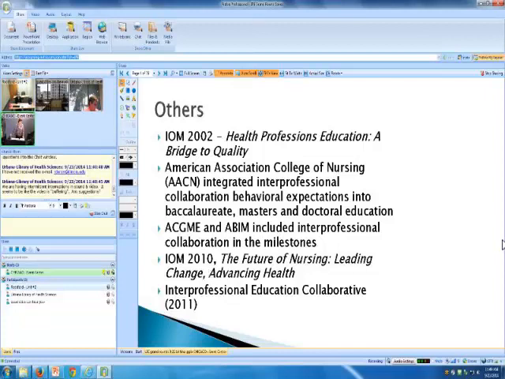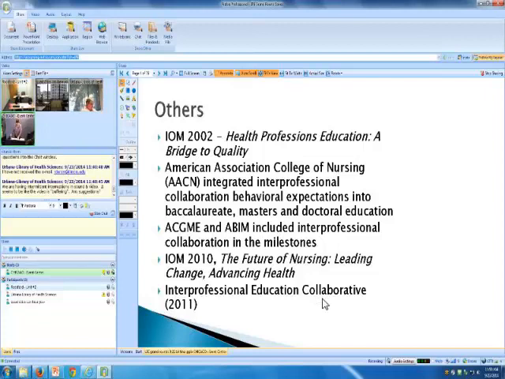And then in 2010, the IOM came out with The Future of Nursing: Leading Change, and they talked a lot about advancement of education, interprofessional collaboration, and nurses developing the leadership to sit at the table with others in leadership in healthcare systems, specifically physicians, to advance healthcare.